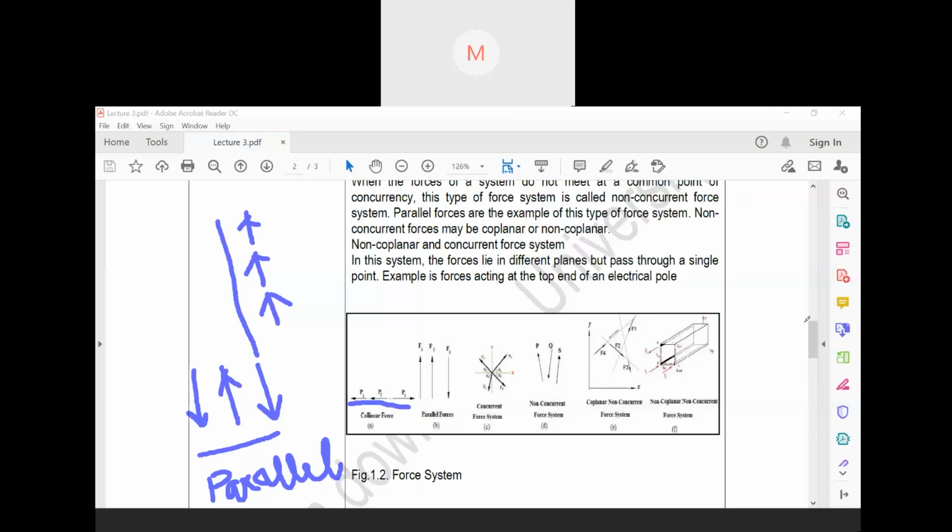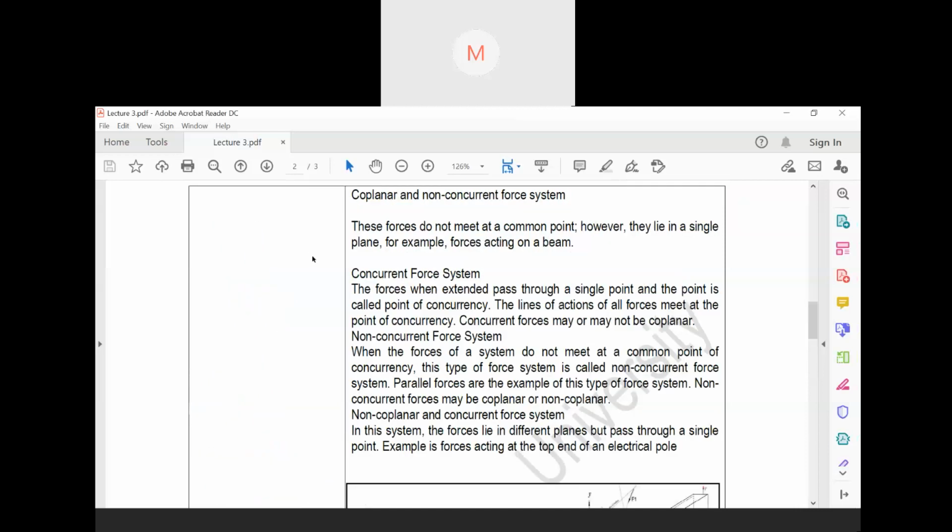Now let us come to concurrent force system. Let us see the definition first. What is concurrent force system?